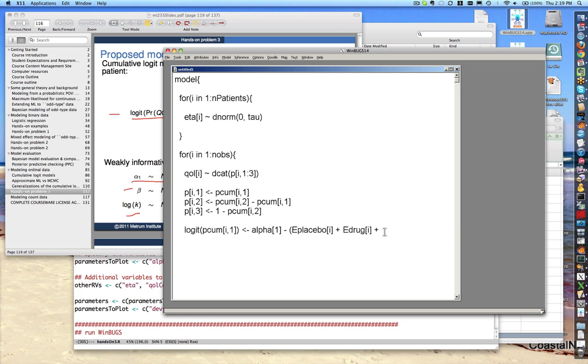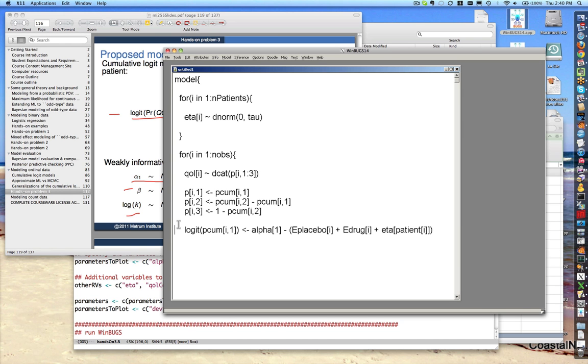Okay, plus eta. But I can't call it eta I because there are only 1 to n patients of those. I have to index that on patient to grab the corresponding eta I. And I've got to close that all off with parentheses. So that takes care of our first one.